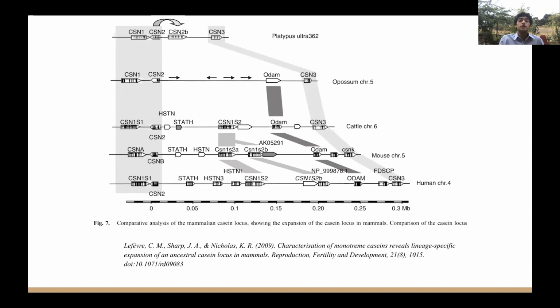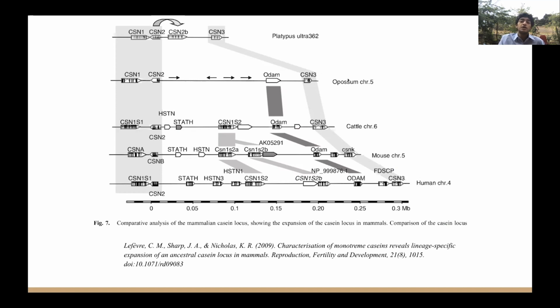In here we have the platypus, the possum, the cattle, the mouse, and the human casein gene clusters. And as we can see, we can get some pretty important information here, right? Here we have CSN3, which is kappa casein, in all of these. From this, we know that a common ancestor for the platypus, possum, cattle, mouse, and human is responsible for adding this kappa casein into the genome.